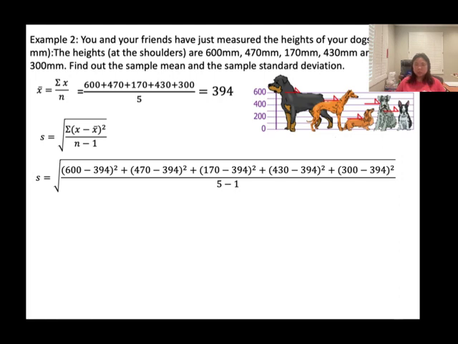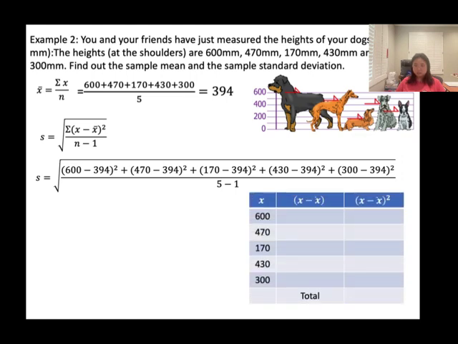Okay, so instead of using the calculator, it may be easier for you guys to use the table. So here, x, which is going to be 600 minus 394. And then once you subtract it, you're going to take the square. You will have this here. So I want you guys to try to finish this table and then at the end here, add it all up to find the total.